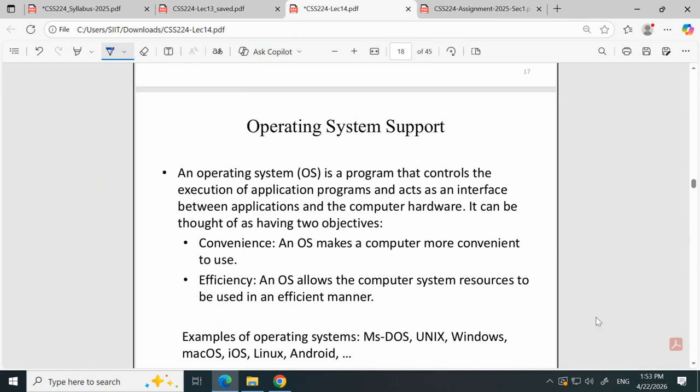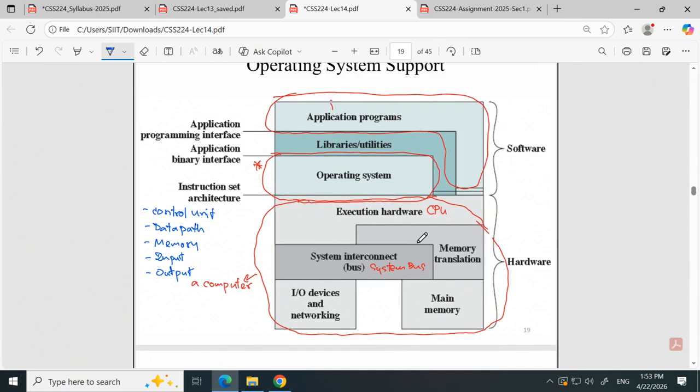Efficiency. Your computer provides many resources. What kind of resources? Memory, inputs, outputs. Many inputs and outputs: keyboard, a mouse, a camera, a monitor.